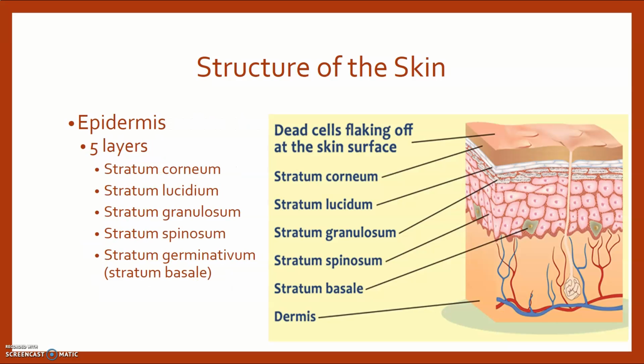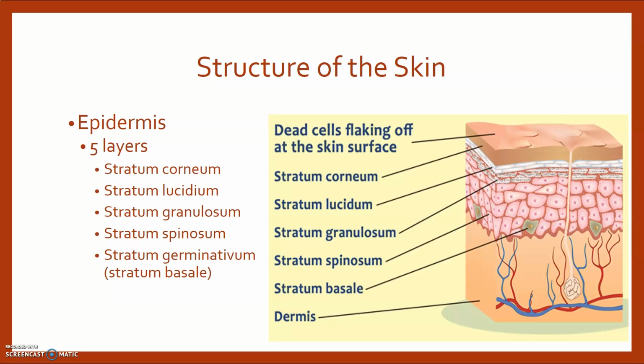So let's break the different layers of the epidermis down. The epidermis consists of 5 layers. And we'll discuss these layers from the most superficial, meaning the outermost layer, to the innermost layer. The outermost layer is called the stratum corneum. Just below that, you have the stratum lucidum.